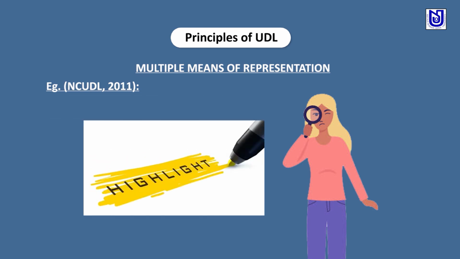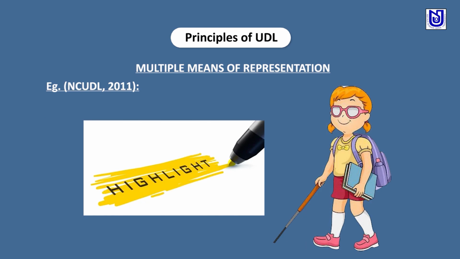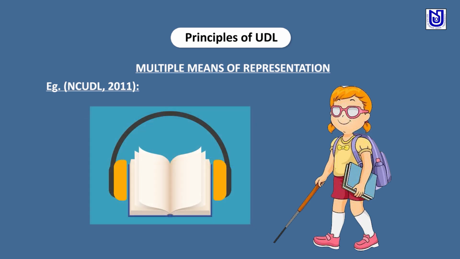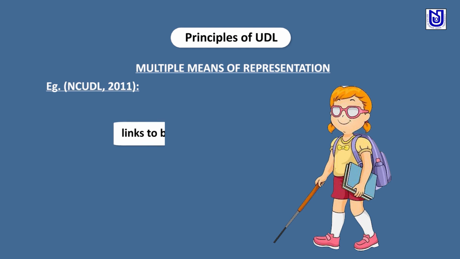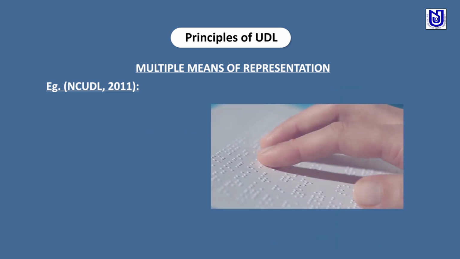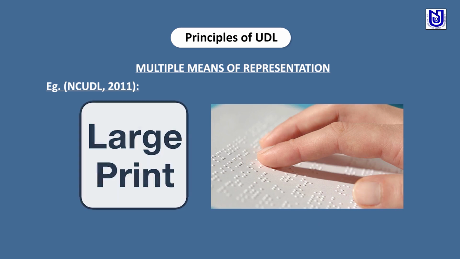Then there is highlighting phrases if there is a low vision child, or if the child has an intellectual disability, then the main key concept can be highlighted. Textbook in audio or multimedia format for sensory disabilities. Then links to background knowledge, which is very important. Then a Braille converter may be used, or a large print version may be used. Then comes the next.